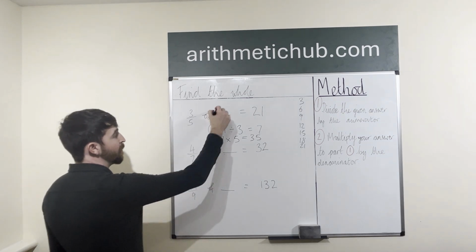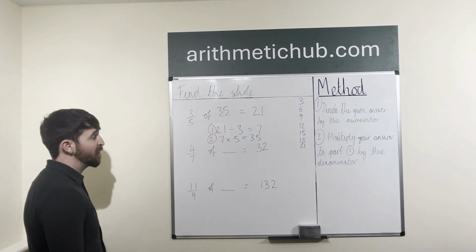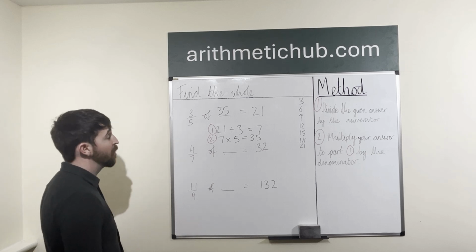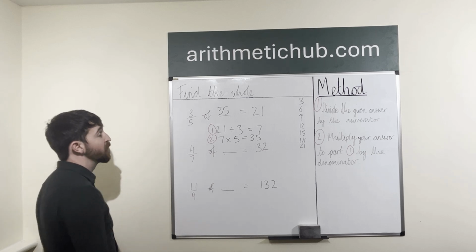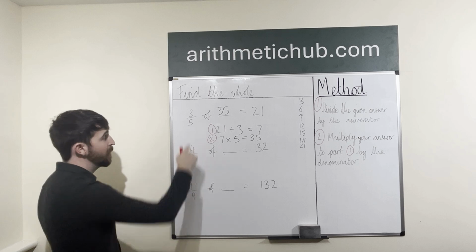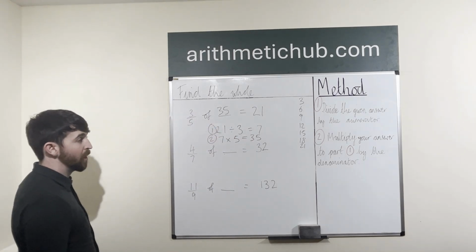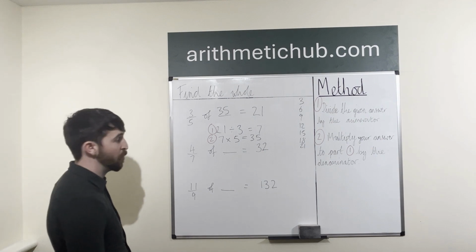So 3/5 of 35 is going to make 21. What we can do is we can check it as well if we want to, using our fraction of amounts method. So what I would say is 35 divided by 5 is going to give me 7. 7 times 3 is going to give me 21. Great, it works. It makes sense when we check it with a known method.